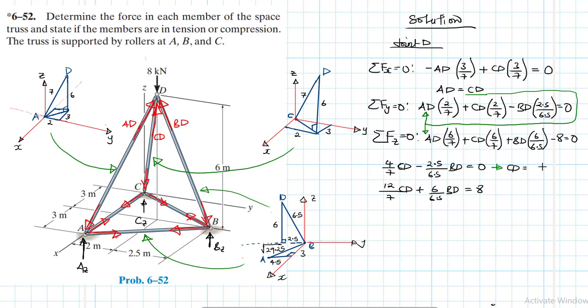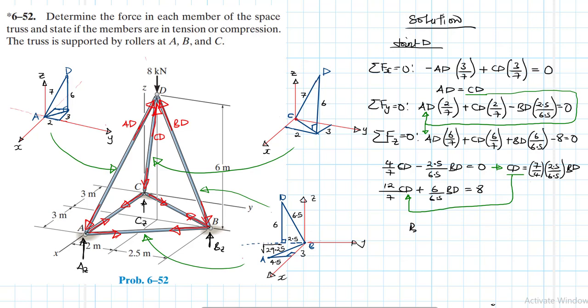It becomes equal to 7 divided by 4 times 2.5 divided by 6.5 BD. Then we replace this CD here and make BD the subject of the formula.